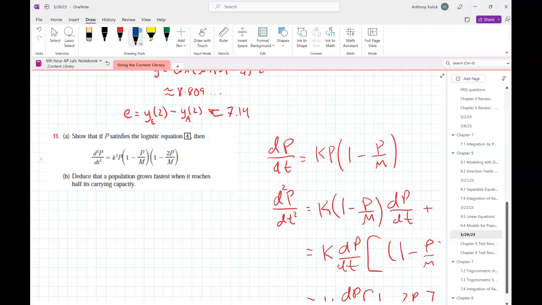So the K isn't a growth rate, it's a constant for the rate. So like dP dt is the growth rate. That's the change in population over time. That change in population is proportional to some K. So K is a constant factor of the growth rate.